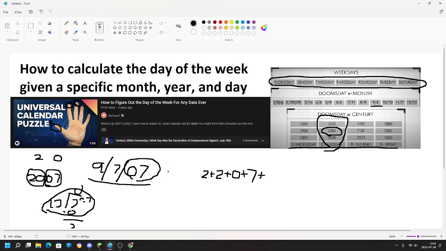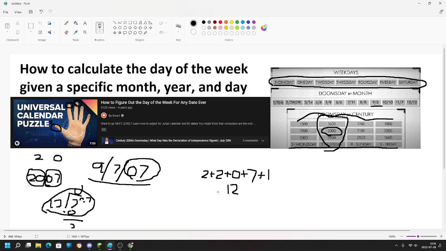Plus then we take 4, because years repeat and leap years and stuff. That will be how many times 4 goes into the remainder, which in this case is 7. So it goes in 1 time. Now if you add these all up, 2, 2, 0, 7, 1 is equal to 12.